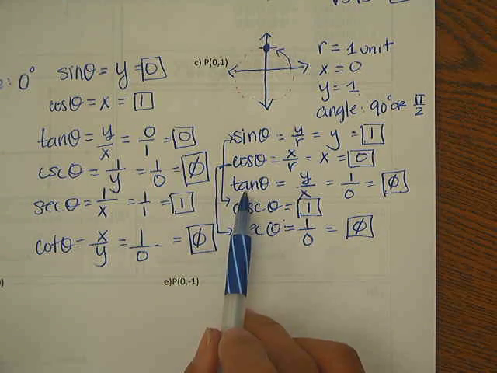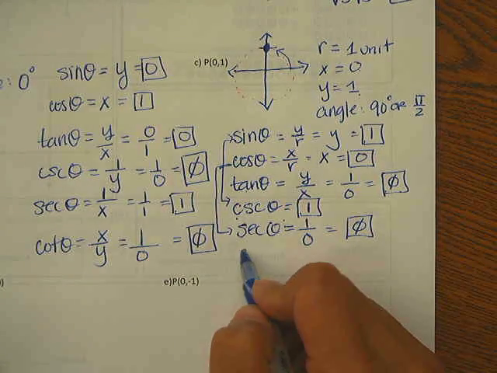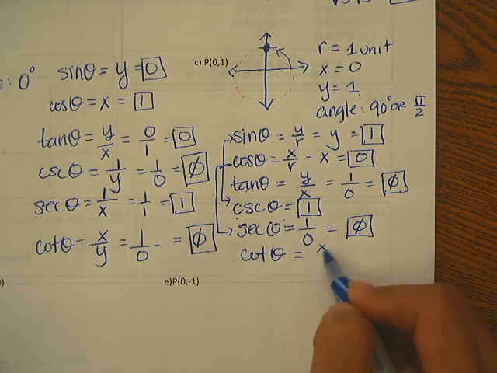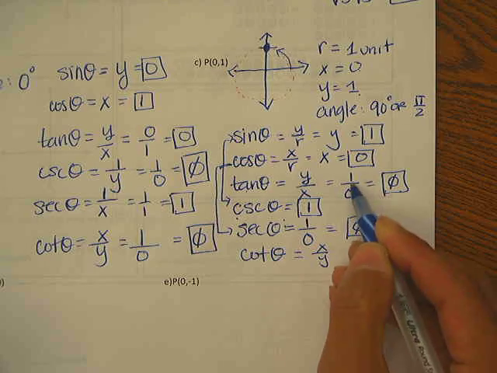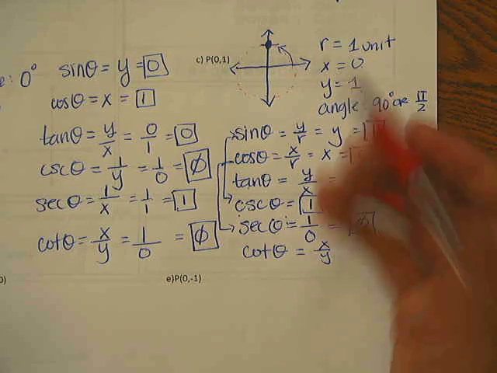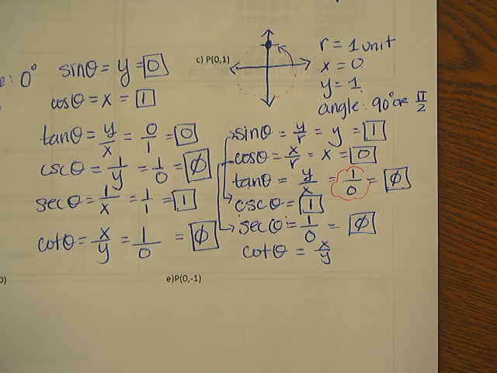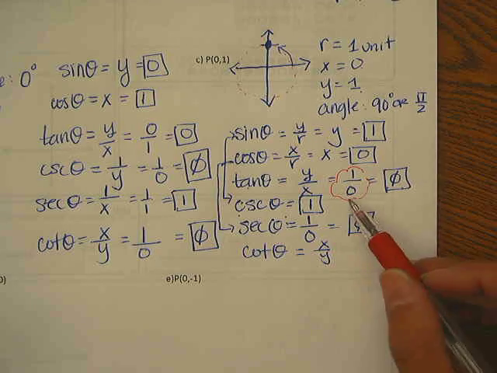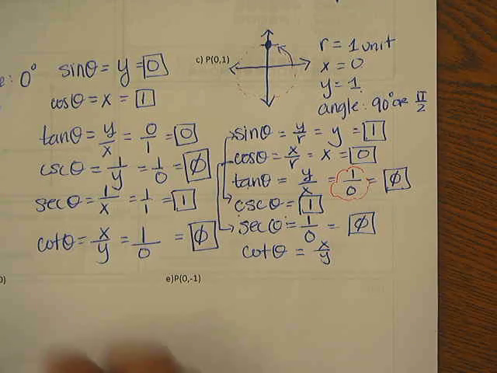Then we know the reciprocal function for tangent is going to be cotangent of theta. Cotangent of theta, you can think of it as x over y, or you can just flip this right here. You would ask yourself, how do you flip undefined? Well, to have an undefined first, the denominator is 0. So you can just take it and flip it.